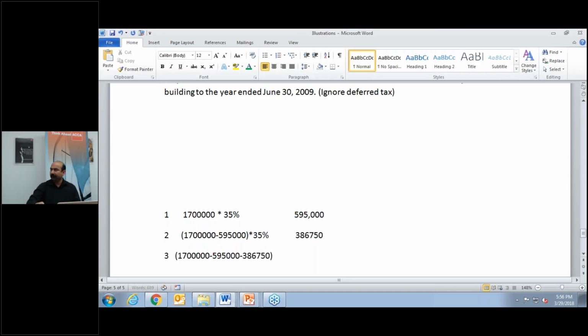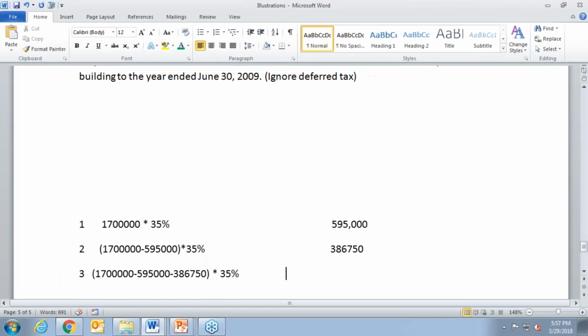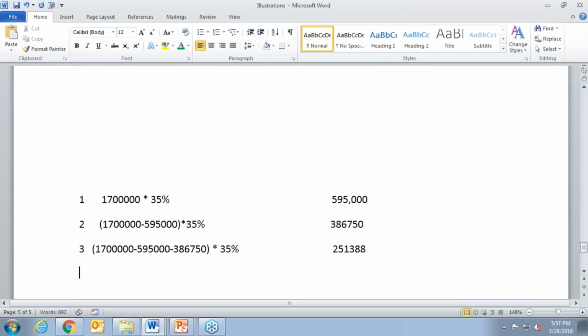So multiply it with 35%. This will give us the third year depreciation, which is 251,388.